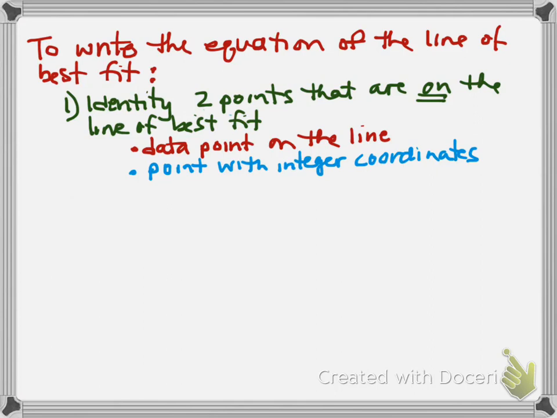Okay? So you have both of these scenarios that could take place if you're asked to come up with the equation of the line. So identify the points. It could be a data point that's on the line. It could be a point with integer coordinates. Okay, now again, this question is speaking mainly to number 9 on your homework and to number 8 on tomorrow night's homework.